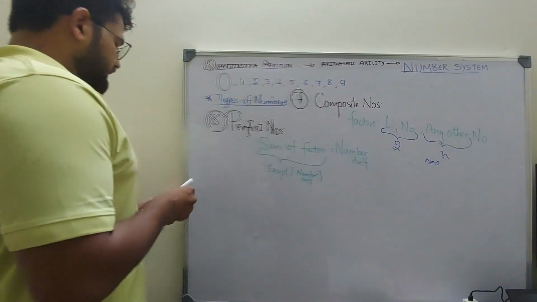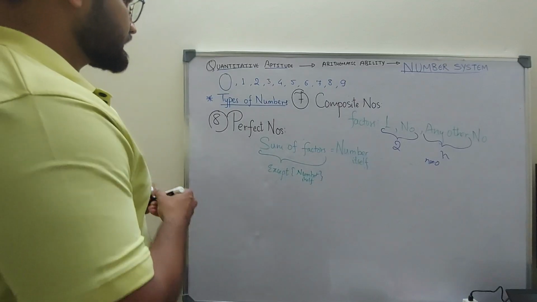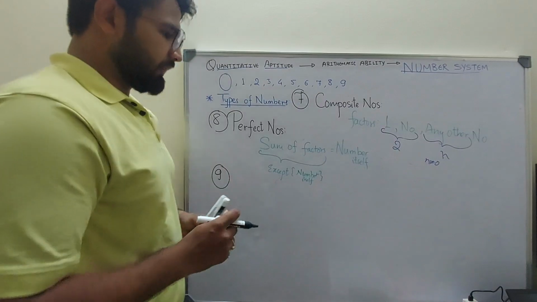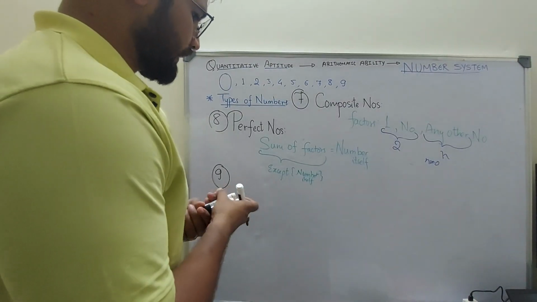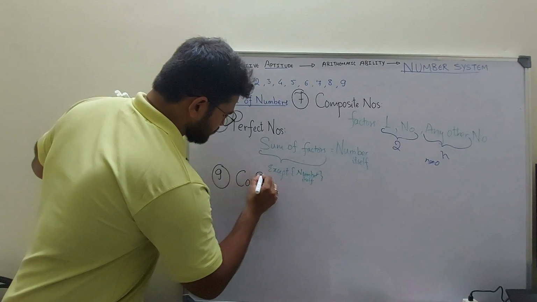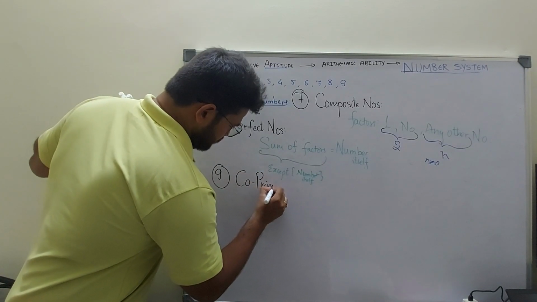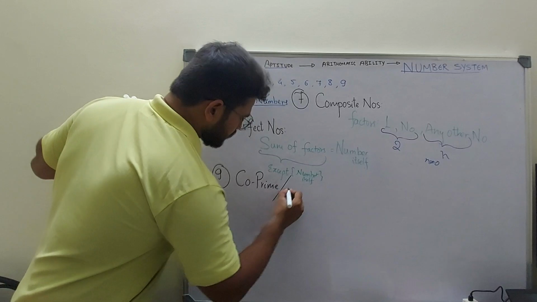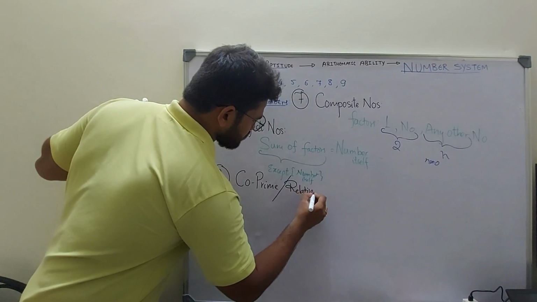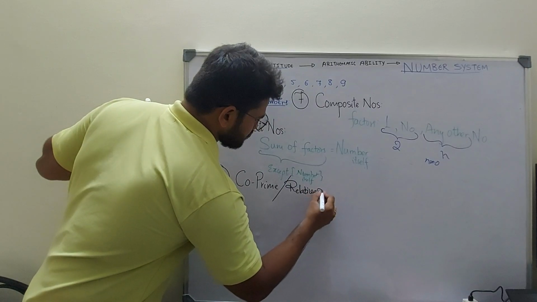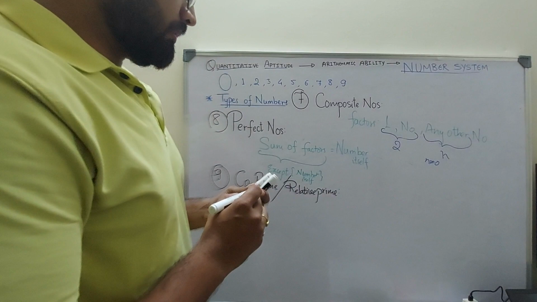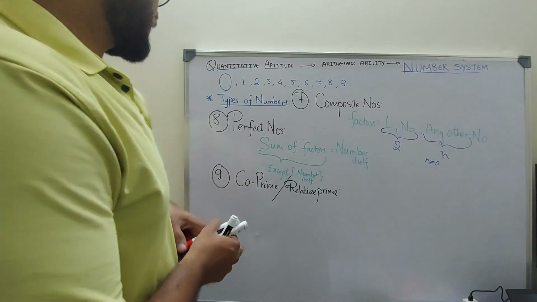Then another type of number that we will study is, after perfect number, co-prime numbers or relative prime. Okay, co-prime or relative prime.